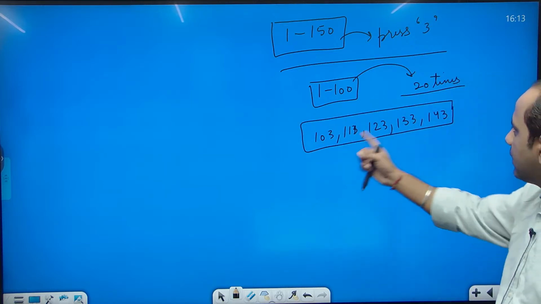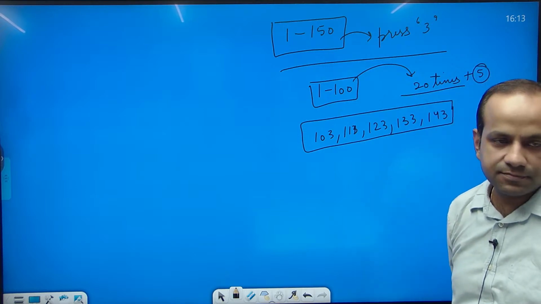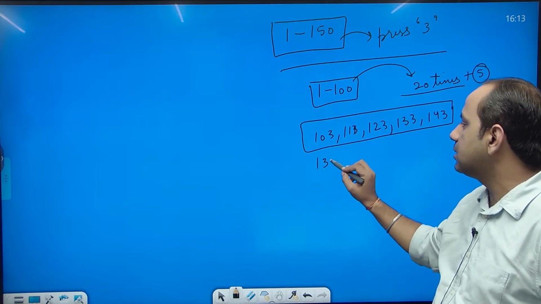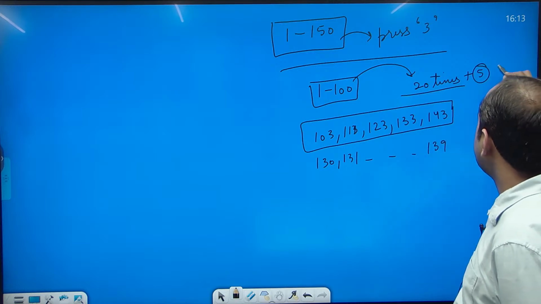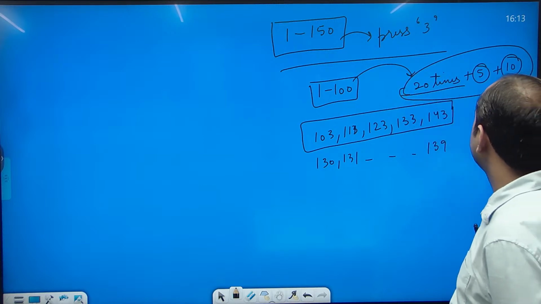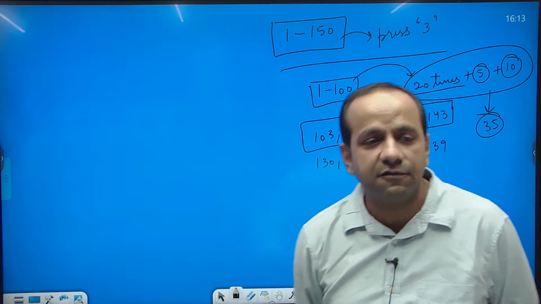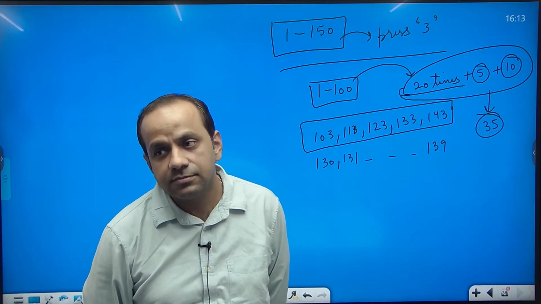Okay, 5 times 3 is at unit place. And from 100 to 150 at tens place it is from 130, 131 so on up to 139. So 10 times we have 3 at tens place. So in total 35. So we have to press the key with the digit 3 thirty-five times. Any doubt in this?